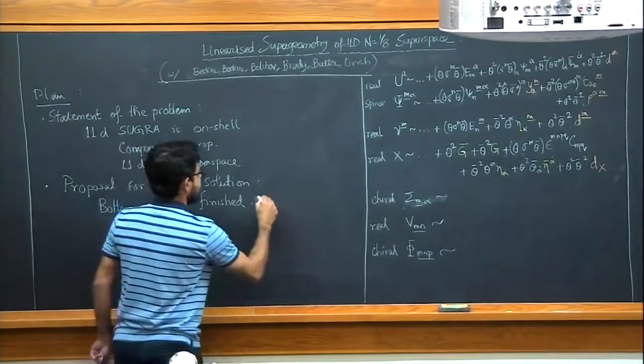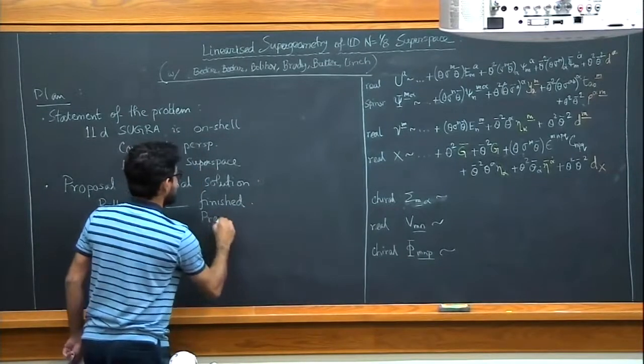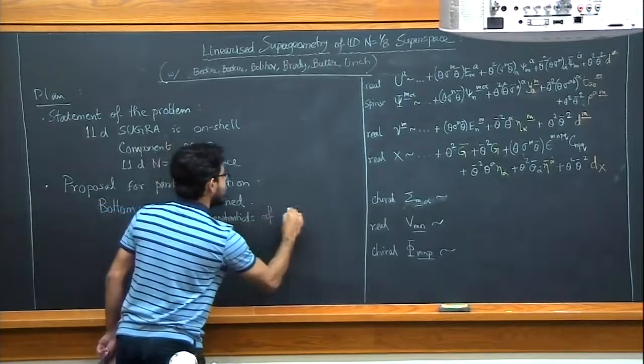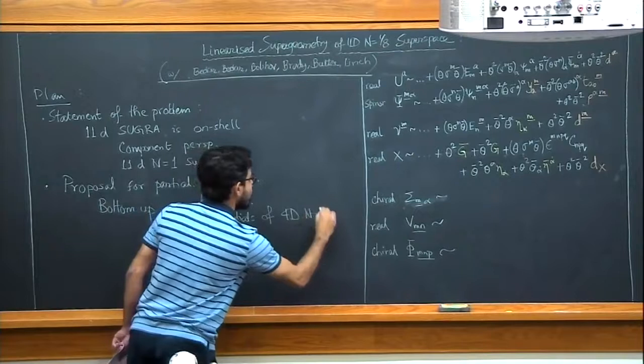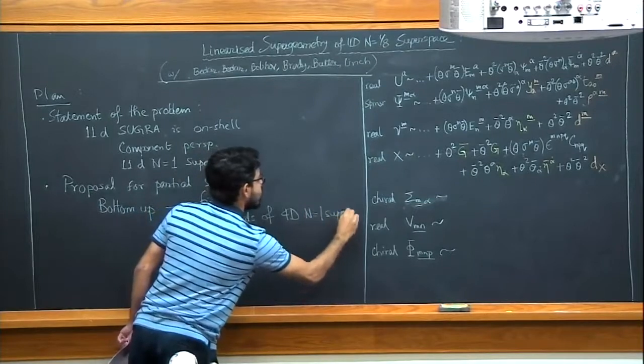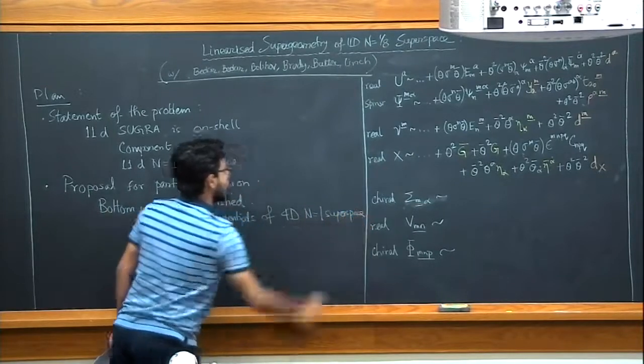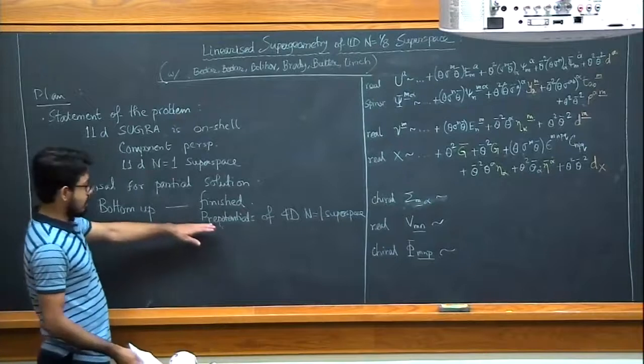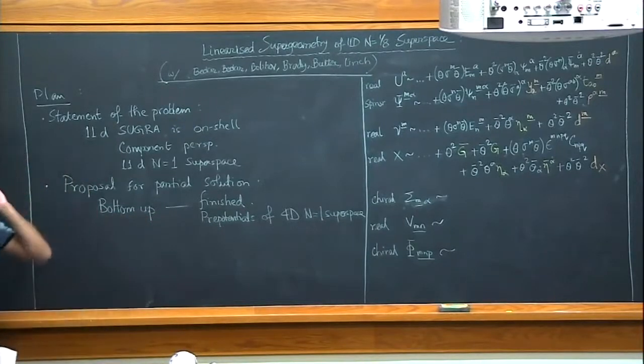So it's 3 potentials of 4D N=1 superspace, which will house all the component fields of 11D supergravity. And the main driving principle in this approach is the symmetry considerations, the manifest and non-manifest symmetries that we have.